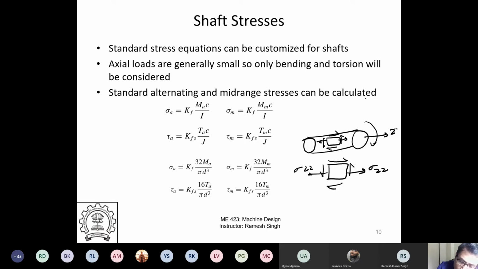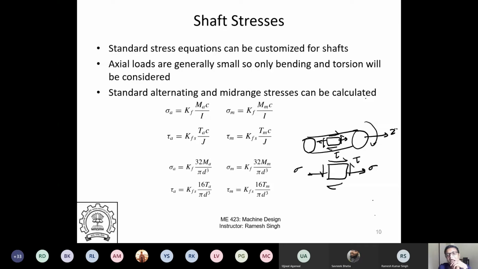And these will be tau, zr basically. So there will be tau components and sigma components. Let me not put any things here, just to make it simple. So there will be sigma and tau because it's a 2D stress state, right?